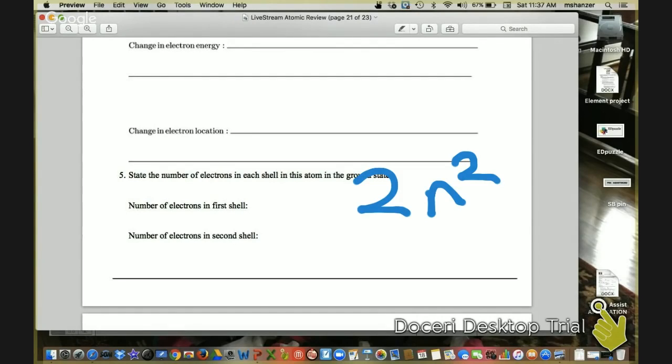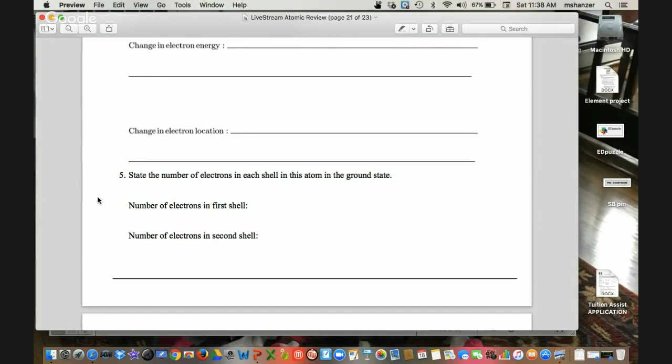If it's the second shell, 2 times 2 squared is 8. If it's the third shell, 2 times 3 squared is 18, and 2 times 4 squared would be 32. So this is just a simple way to remember the maximum number that you would find in any shell. Not to be confused with valence electrons, which is always going to be 8.